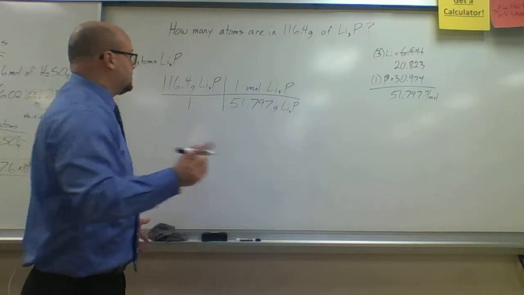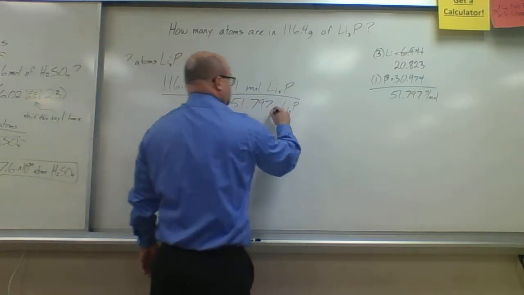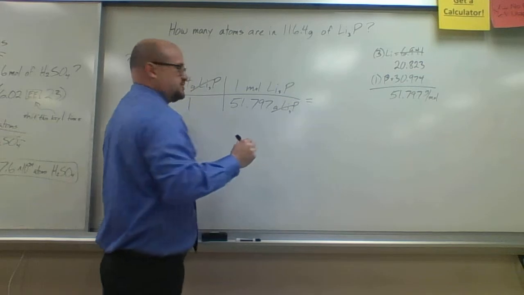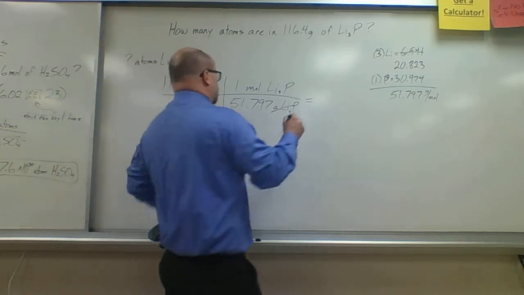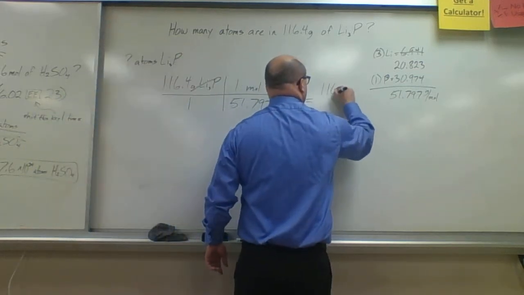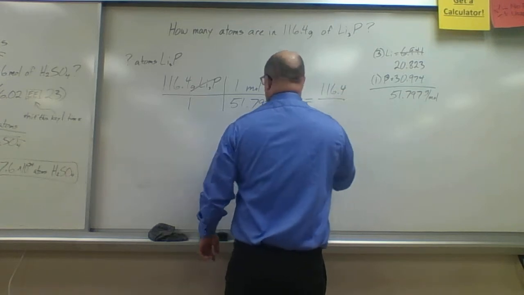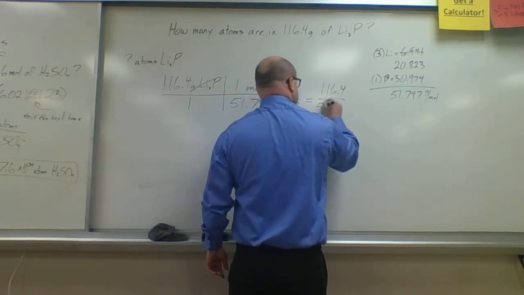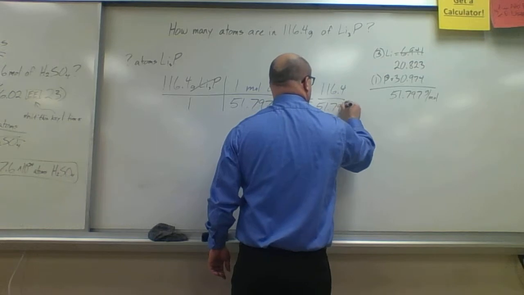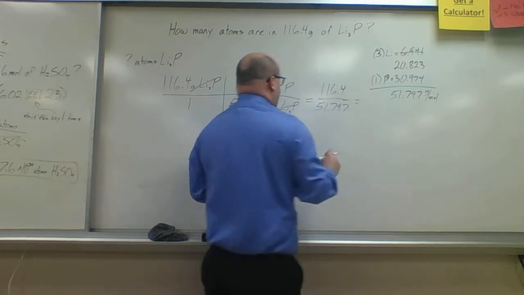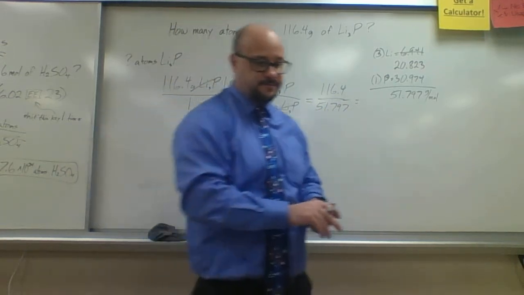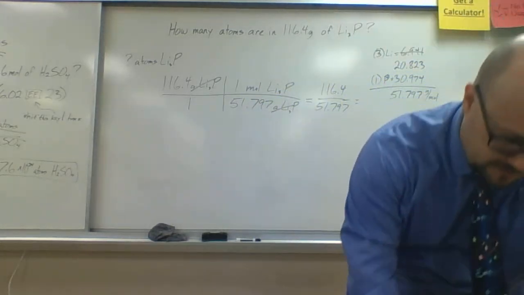Next step, cancel out your grams. Multiply straight across. 116.4 over 51.797. Now we're going to do that simple division to find out how many moles we have.